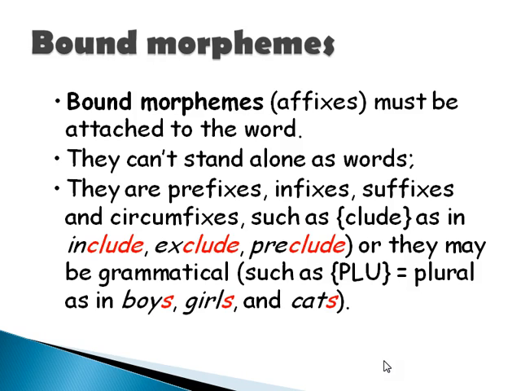Now take a look at the opposite, pre, in preclude. Is it a bound morpheme too, or free? My question is, does pre exist as a word? Is it a free morpheme? Can I have it as a word? No. Ex.